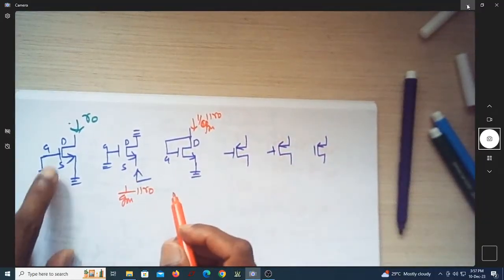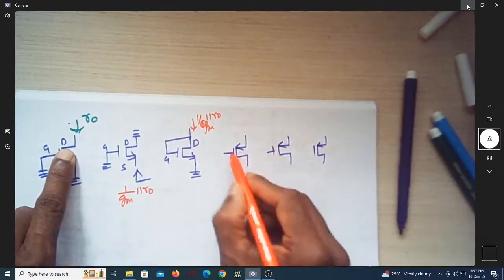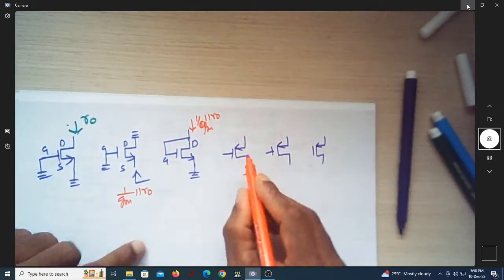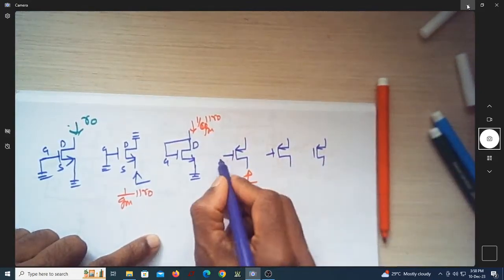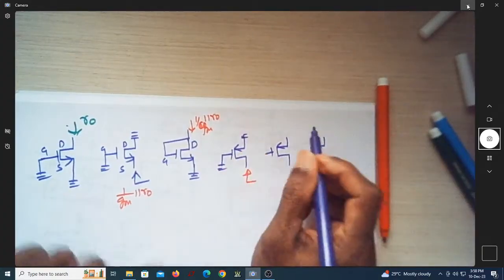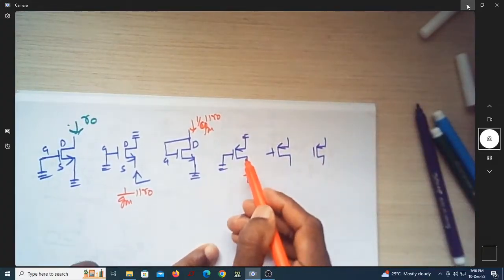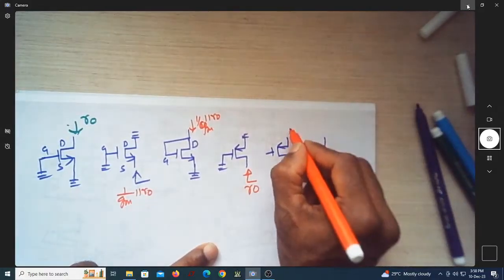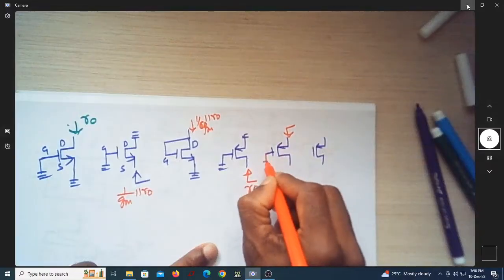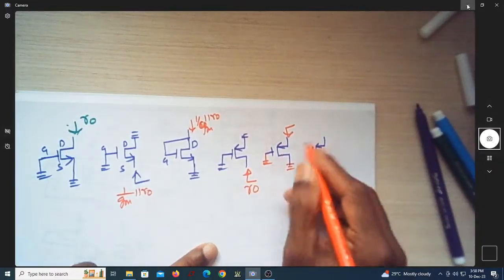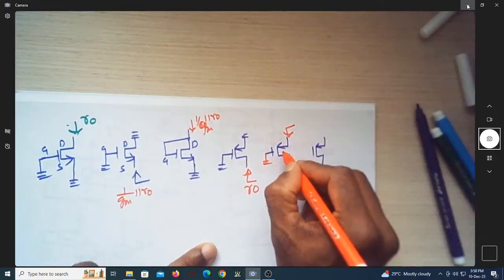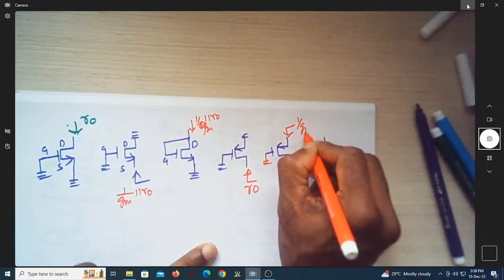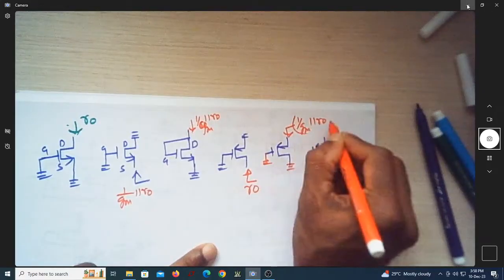Now in PMOS also let me look into drain. Because source is at higher potential, I wrote it here. If these two are AC grounded, the resistance seen, because it is drain, was r0. And towards the source, you ground this and this. The resistance looking into the source with gate and drain AC grounded is 1 over gm parallel to r0.